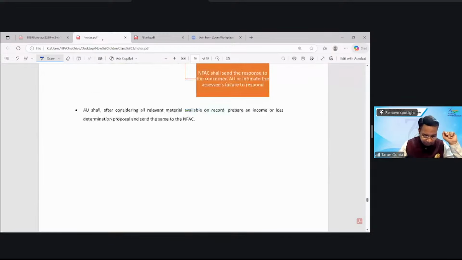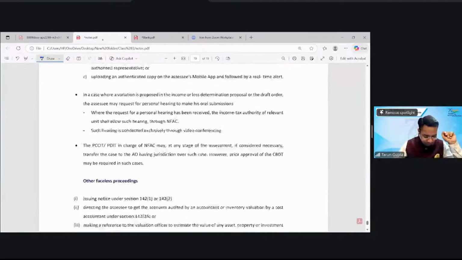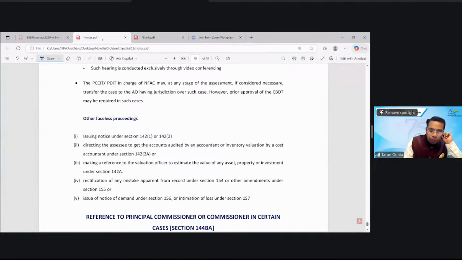Then notices under section 142(1) and 142 are issued in a faceless manner. Directions to get the accounts audited, special audit, are issued in a faceless manner. Reference to the valuation officer under section 142A is made in a faceless manner.